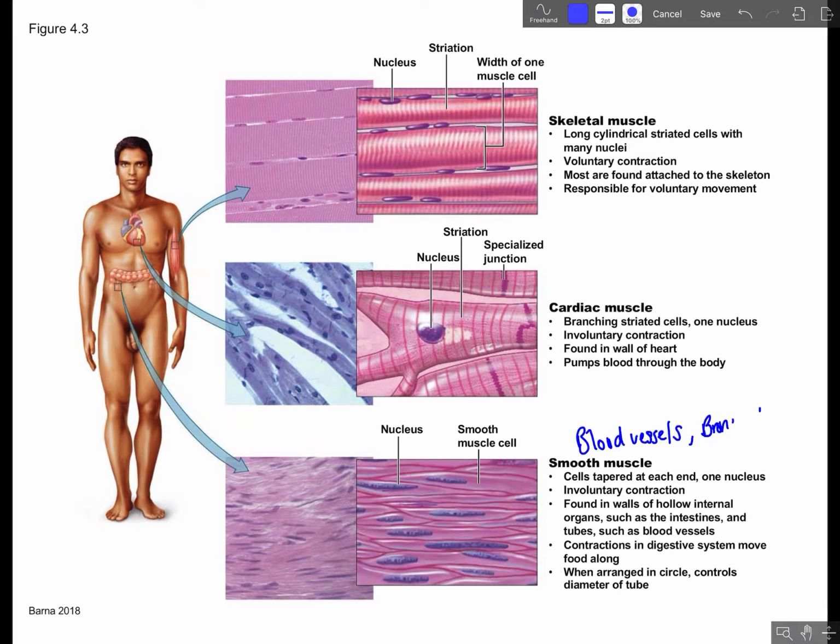Your bronchial tree, these are your airways. You have the ability to do what's called bronchoconstriction or bronchodilation. And then your GI tract is going to be pushing food from mouth to anus. That term is called peristalsis. That is the twisting and turning of that wall due to smooth muscle to push that food down.